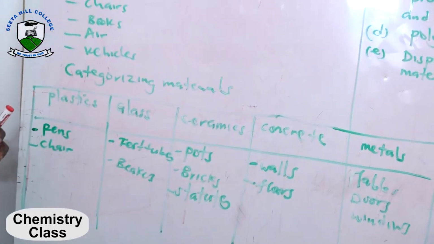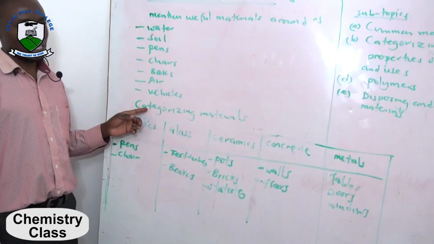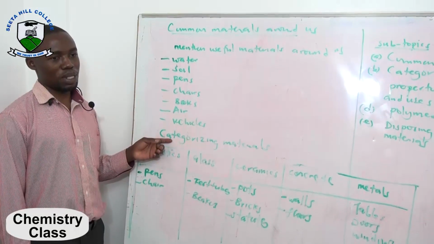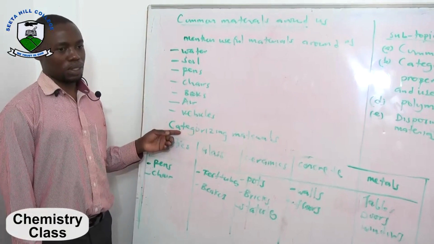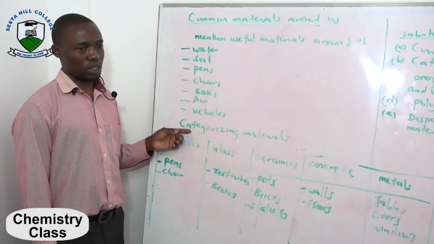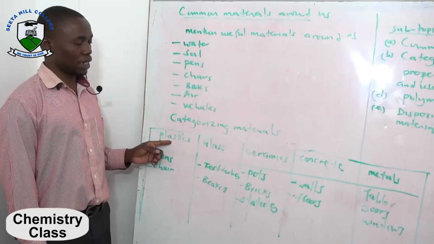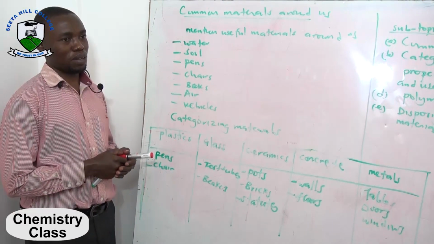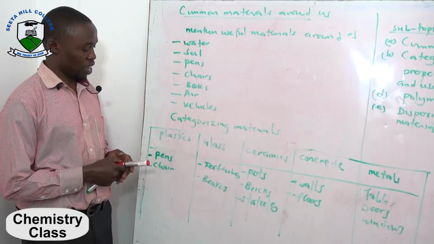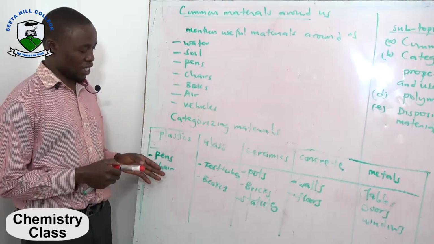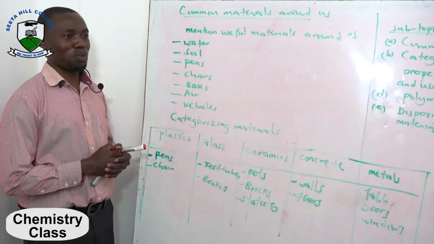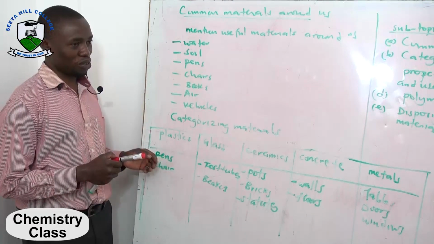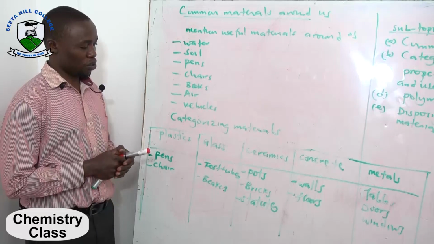Now, under categorizing materials, we have seen that materials can be categorized in various forms. We can categorize them as plastics, and many plastics are around us. We have pens, chairs, but we didn't speak of plates at home. Plates, cups, not so. Water bottles.